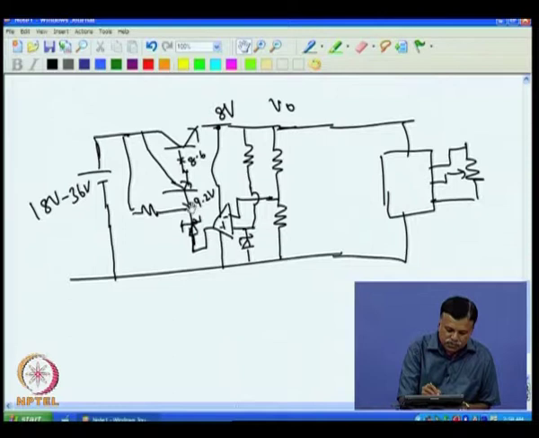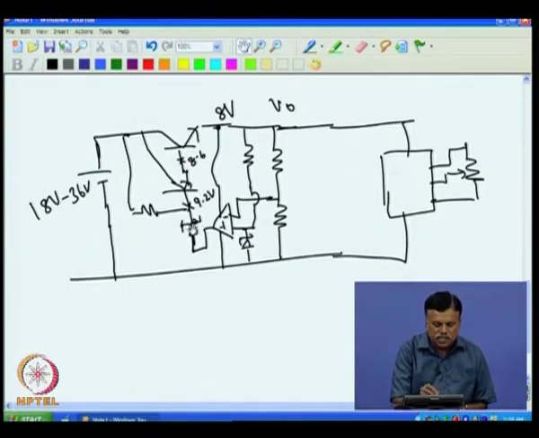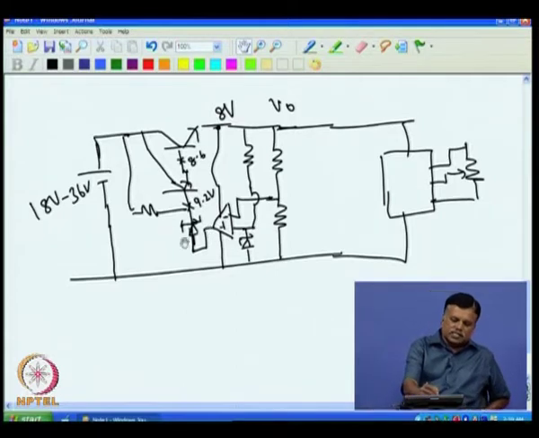So, essentially this will not go to 0, and if there is a small current through this, the voltage at this point will be the output voltage plus whatever voltage drop there is across the Zener. It may not be the full breakdown voltage of the Zener, but nevertheless some voltage drop is there. So, the voltage at this point is the output voltage plus the voltage across the Zener. That means we can get a voltage at this point higher than the op amp output by adding this Zener.